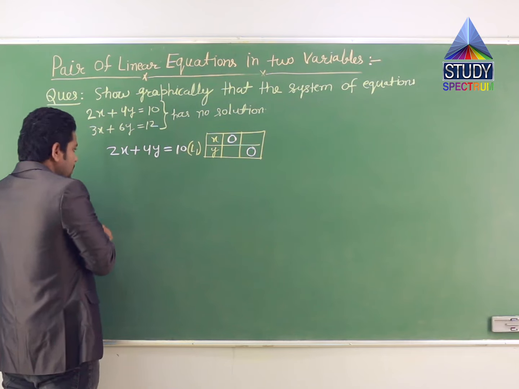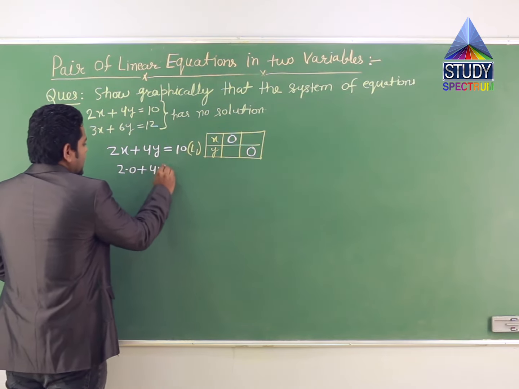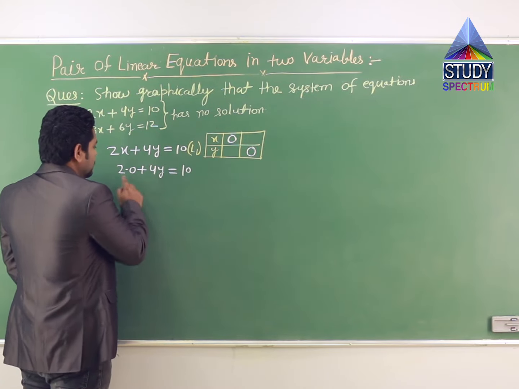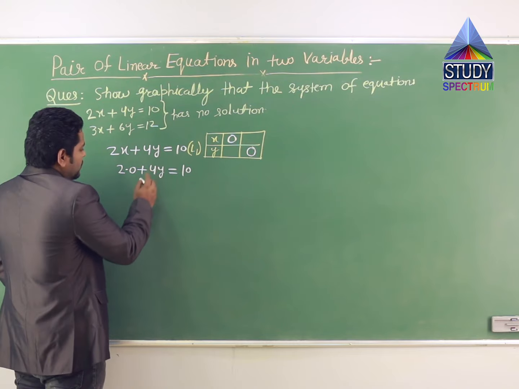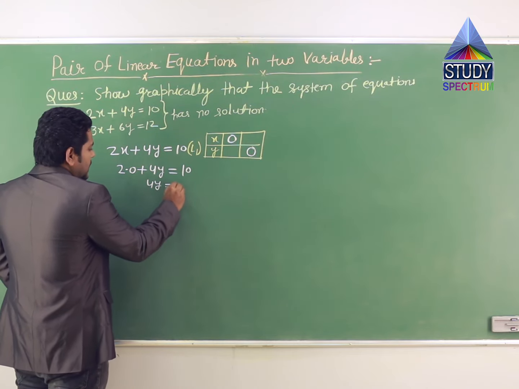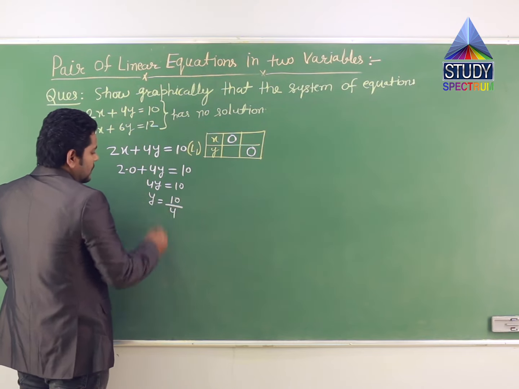X is 0, so 2 into 0 plus 4y equal to 10. 2 into 0 is 0, plus 4y is 4y equal to 10. So y will be 10 by 4.